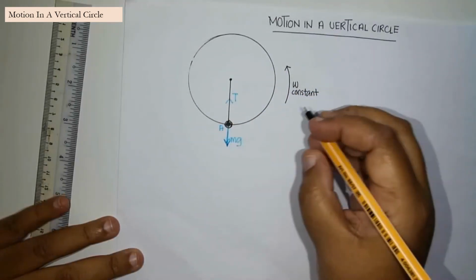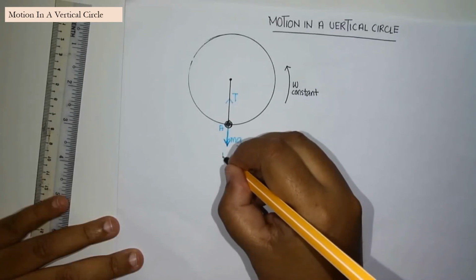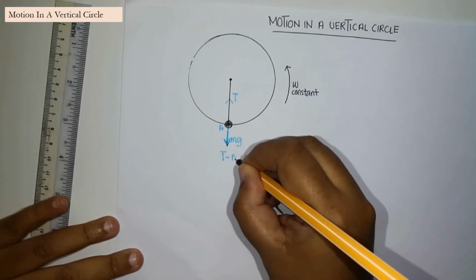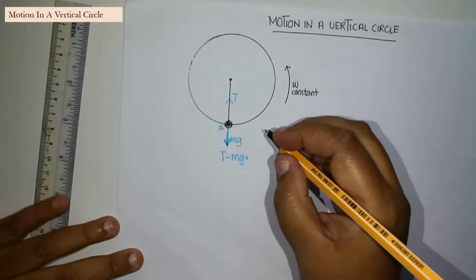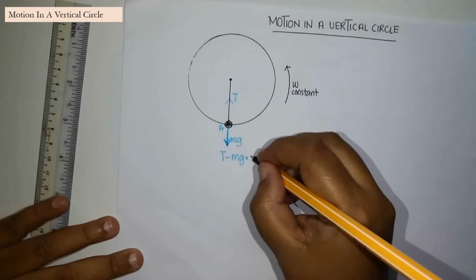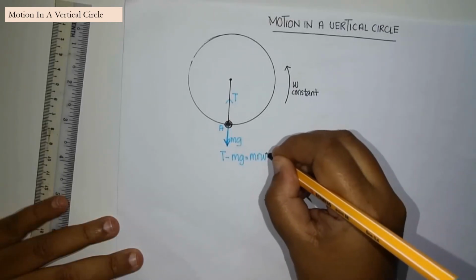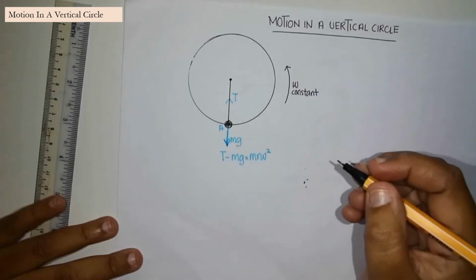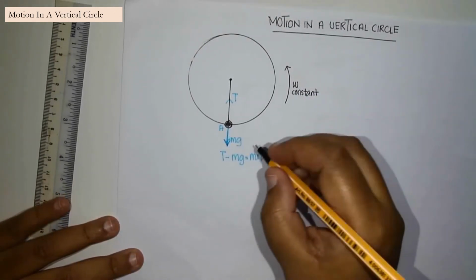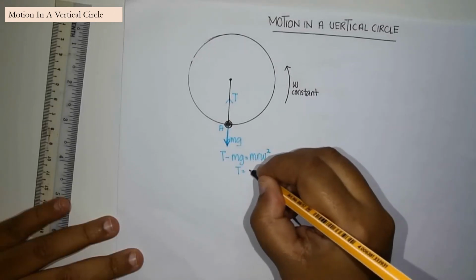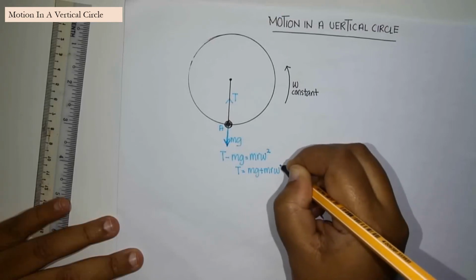So the resultant force will be T minus mg. T minus mg is equal to m, you can put whatever a you want to put, I'm going to go with m r omega square. So you get T minus mg equals m r omega square. Then you get T equals mg plus m r omega square.